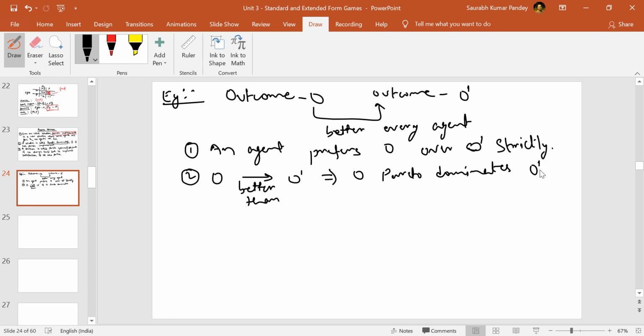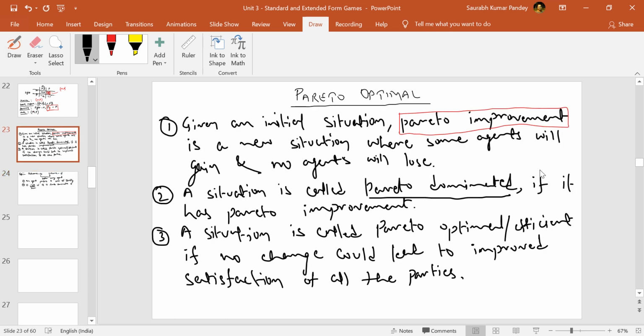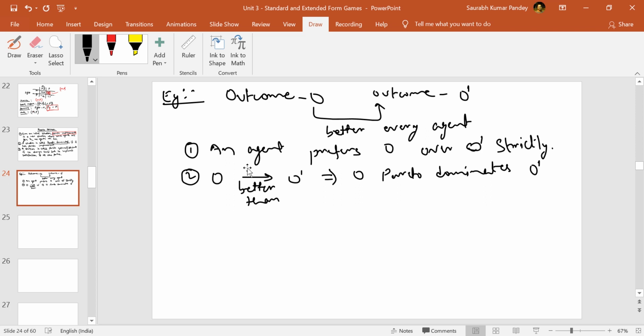O dash. We discussed in the last class that a situation is called Pareto dominated if it has a Pareto improvement, and we know that O is better than O dash. So when we say O is better than O dash, it means O Pareto dominates O dash.